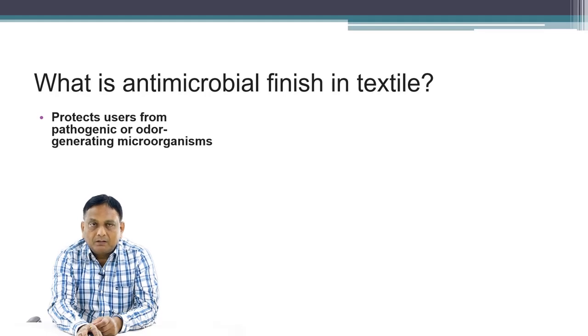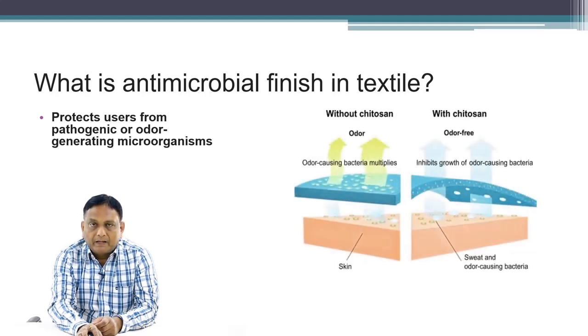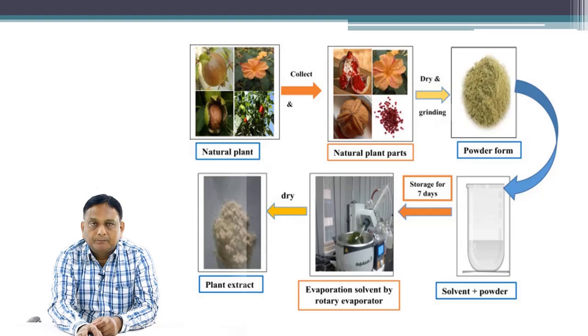It protects the user from pathogenic or odor generating microorganisms. As you can see with the application of chitosan, when bad odor is there from the skin due to evaporation, after application it becomes odor free. So antimicrobial finish on the surface of textiles makes it an odor free material.